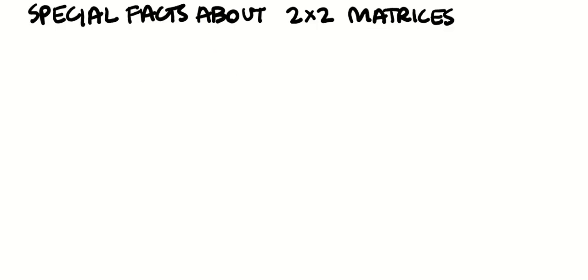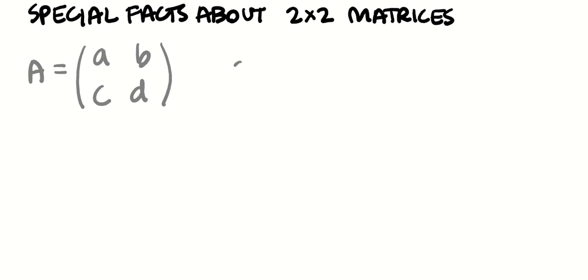The first thing is that, at this point, you're just going to have to take this on faith. If A is the matrix A, B, C, D, then the determinant of A, which we don't really have any meaning for besides me telling you some things about it, is going to be AD minus BC.